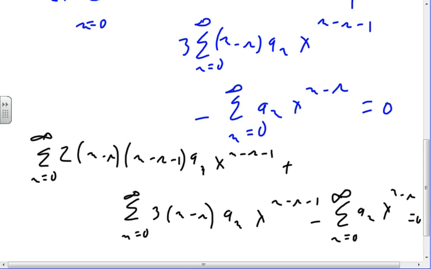Okay, so I'm going to do a substitution in this one. N is equal to n plus 1.